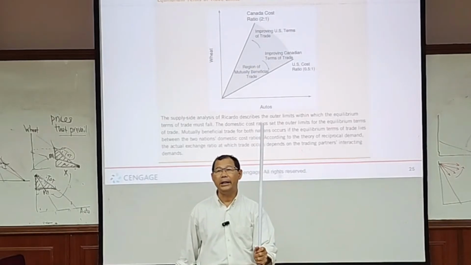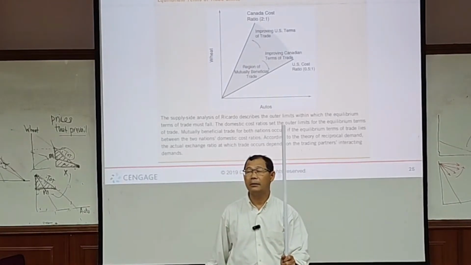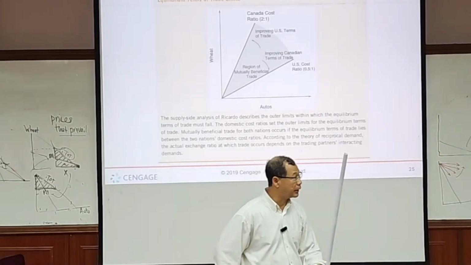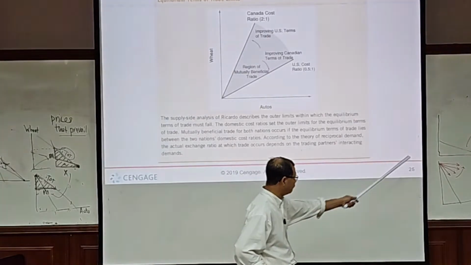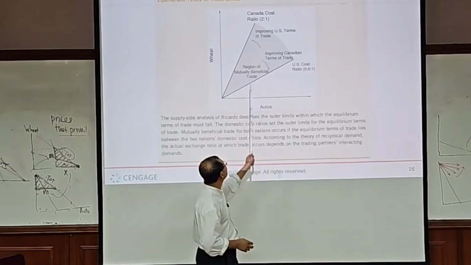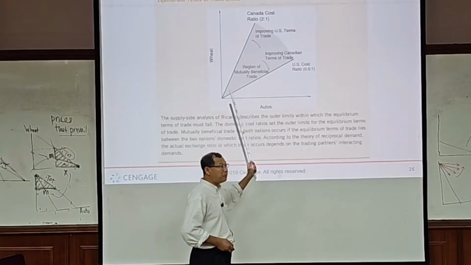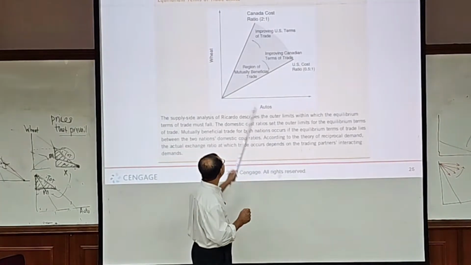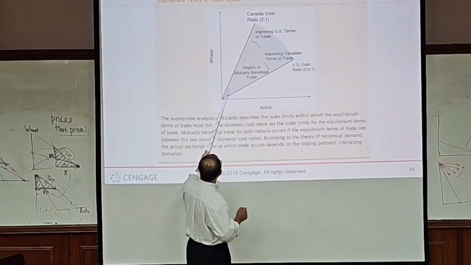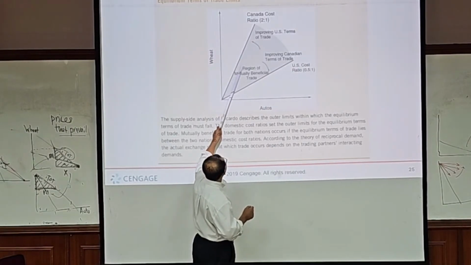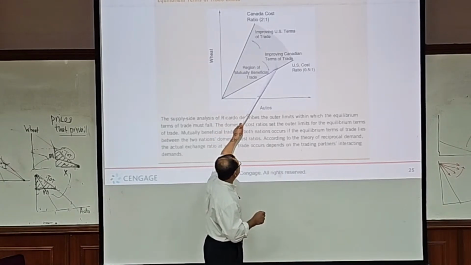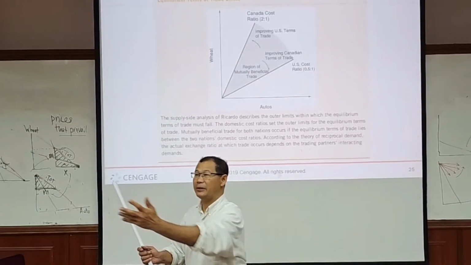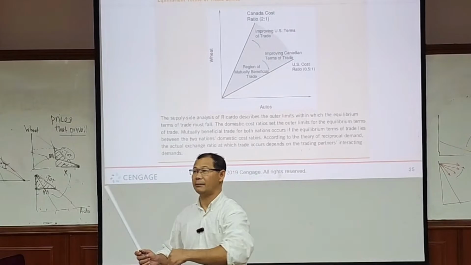This is the theory of bargaining, the "sell expensive" theory from just now. If Canadian people are so crazy about cars from the United States, the red line of trading will be here and will improve US terms of trade. So they can sell at a high price. This is reciprocal demand.